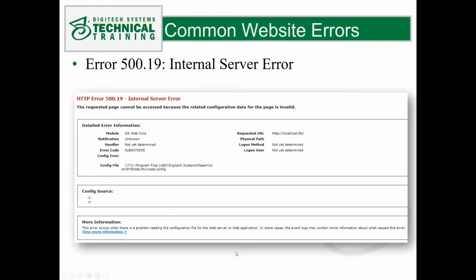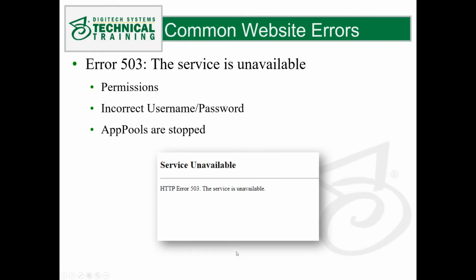Next, we're going to talk about another very common error. This one is the error 503, service unavailable. This error pops up when you are just trying to get to the landing page of PaperVision Enterprise, just that login page, that login screen. This obviously doesn't have a ton of information, but it is most likely due to your PaperVision Enterprise application pools stopping and not running properly.